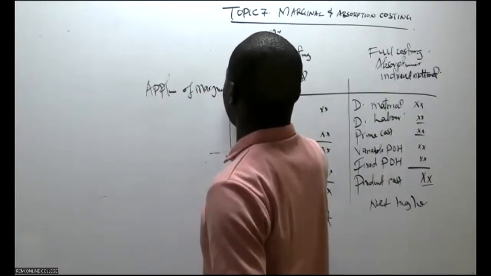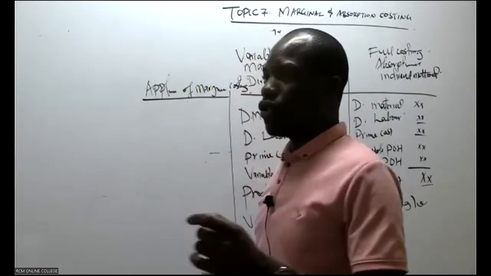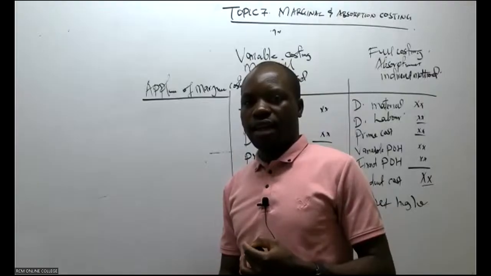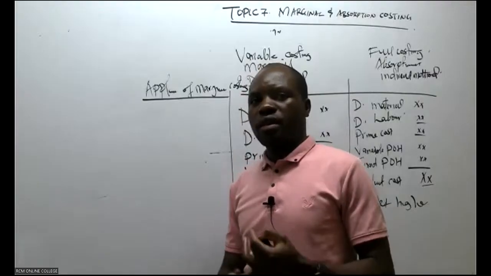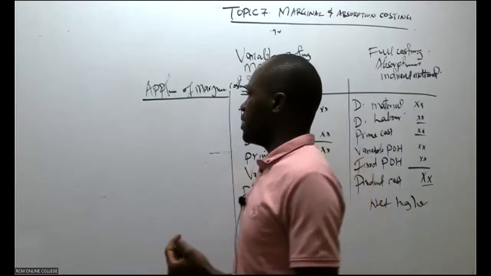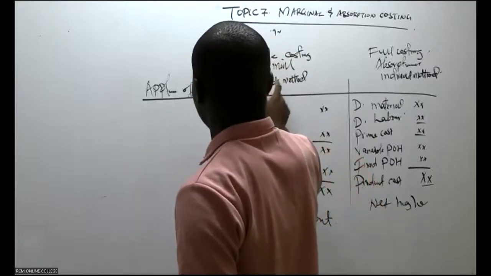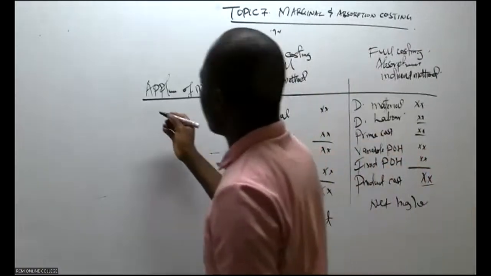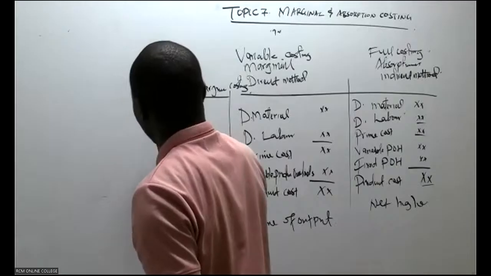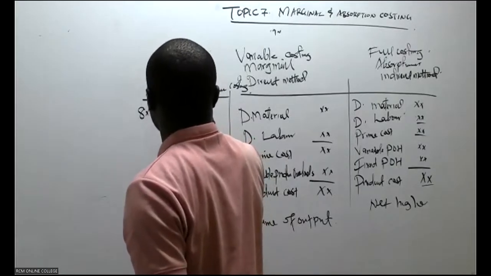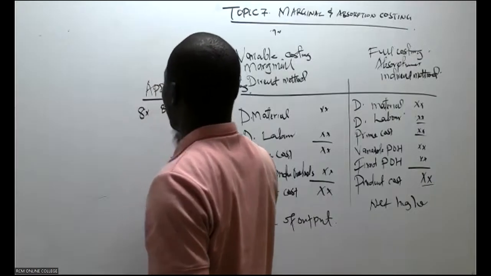costing. Initially, the topic of marginal costing was combining limiting factor, was combining break-even point analysis. So if you are now able to understand just marginal costing itself, it means if we get to topic number 8, where we are going to discuss break-even point analysis, you will be good to go.